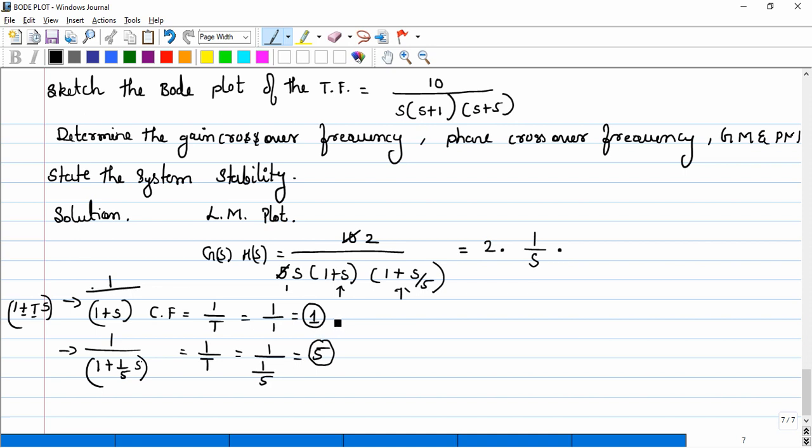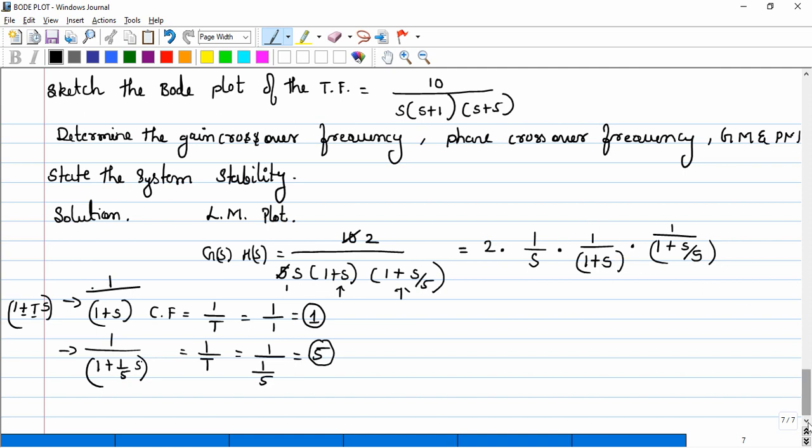The factor which has less corner frequency will be first, followed by the greater one. So the third factor will be 1 by 1 plus s, followed by the final factor 1 by 1 plus s by 5. So in total we have 4 factors.